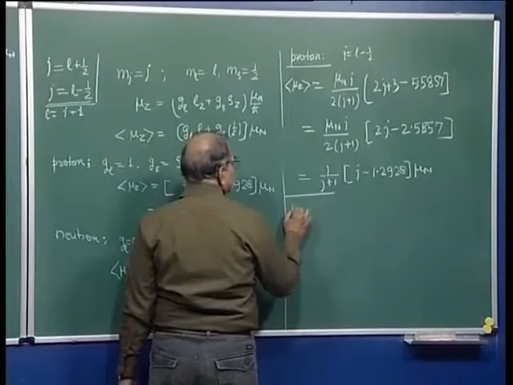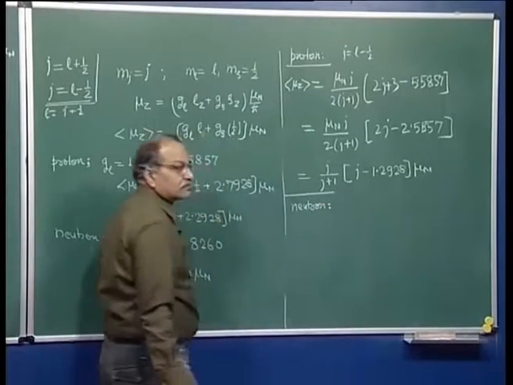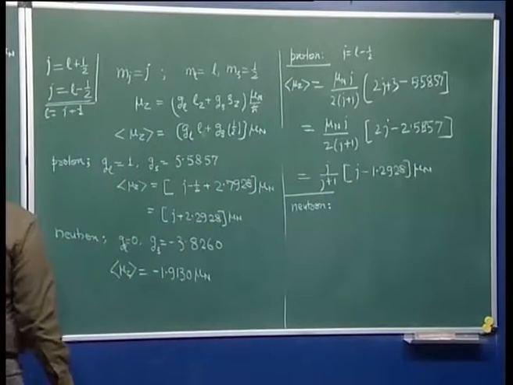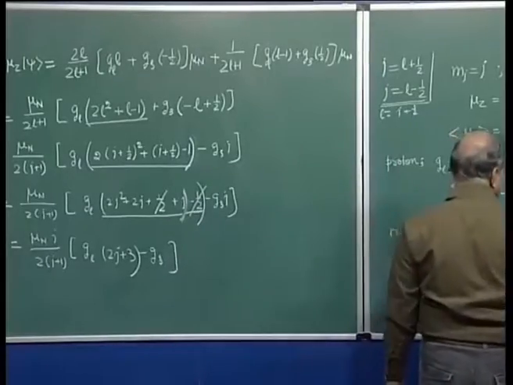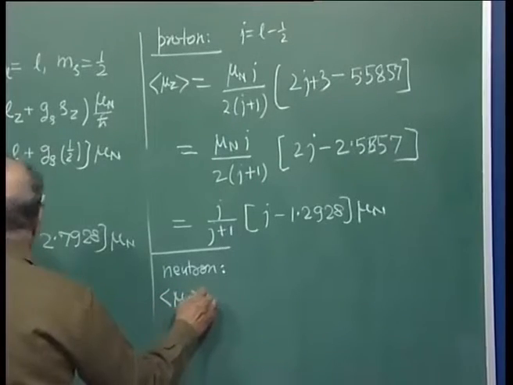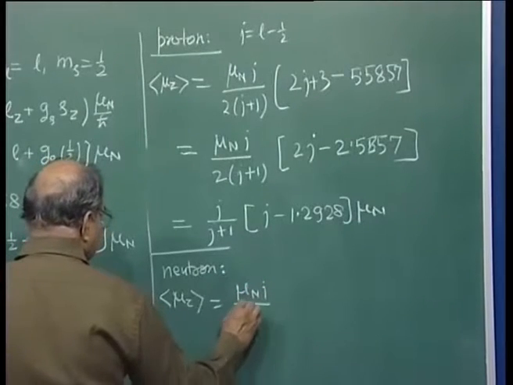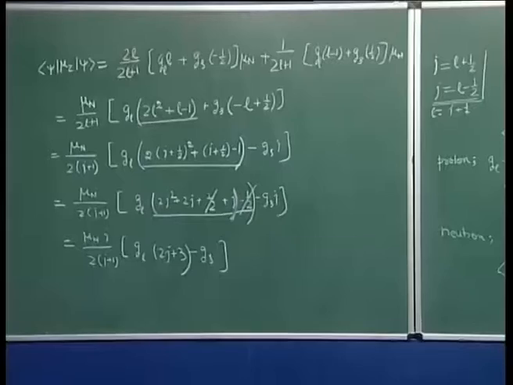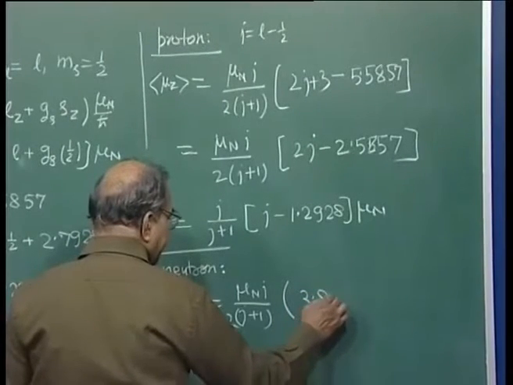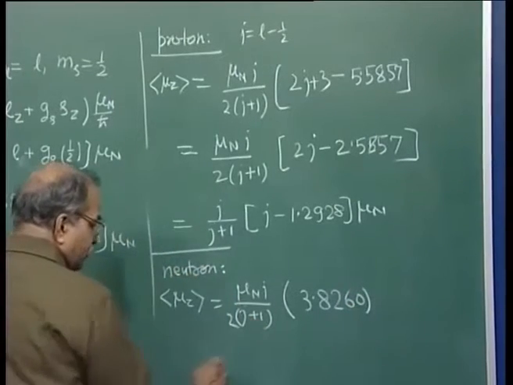Then neutron. If the last nucleon is a neutron, GL is 0. So, this expression becomes mu z is equal to mu n J over 2 times J plus 1 and minus GS, right. So, plus 3.8260, that is all.